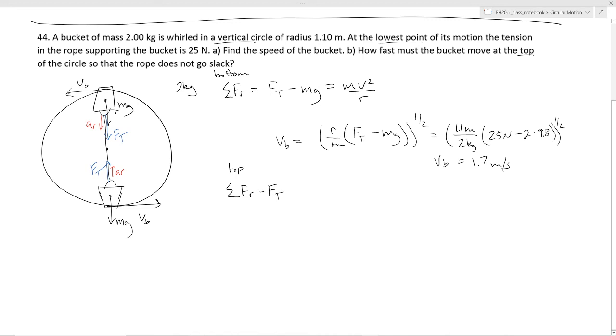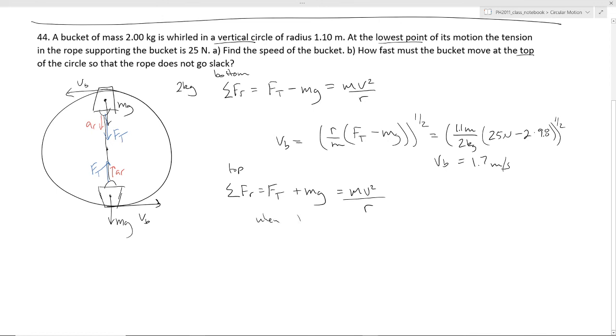But now the force of gravity, the weight of the bucket, is also positive because it's pointed in the same direction. That'll equal mass times centripetal acceleration, m v squared over r again. So when the rope goes slack, that would correspond to the tension going to 0.